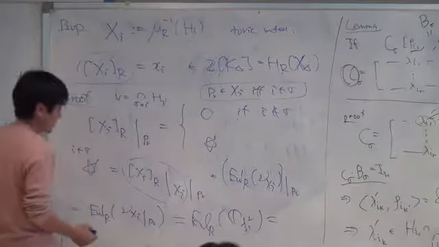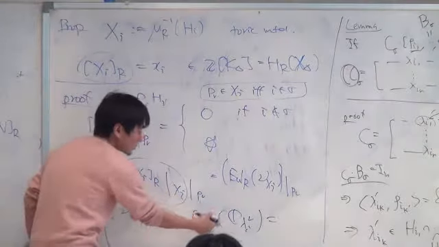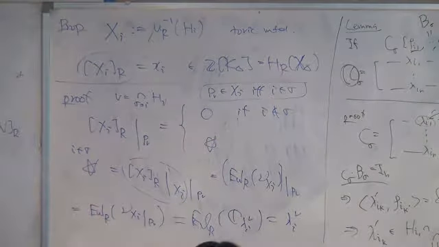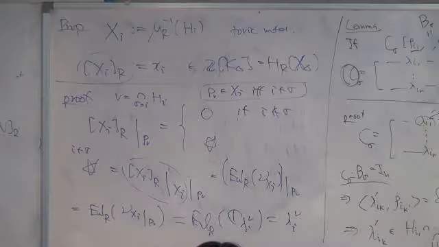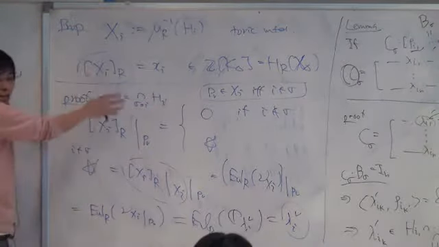And by definition, the Euler class of this irreducible representation is exactly lambda I V, the weight. The notation lambda I V is from the corollary I erased from here.